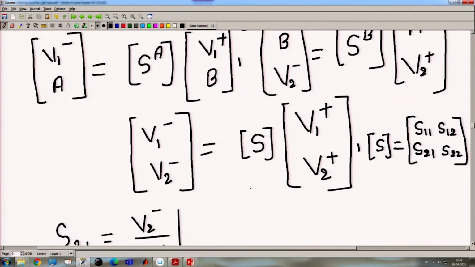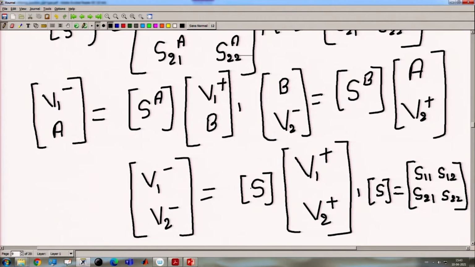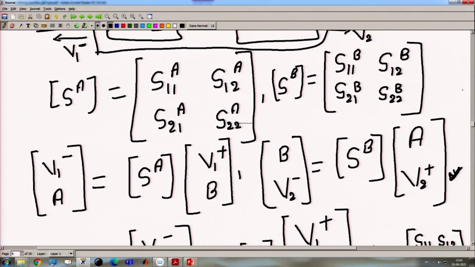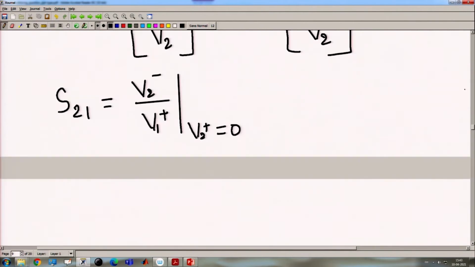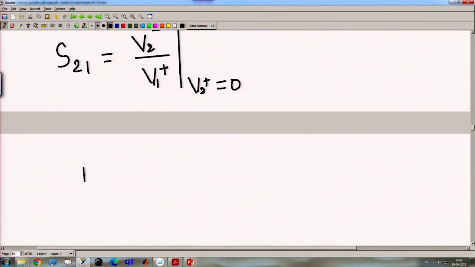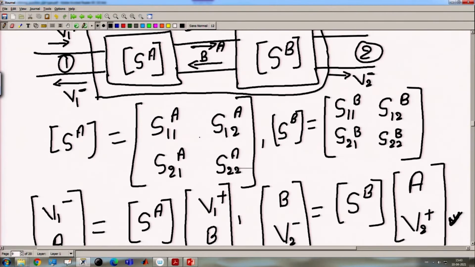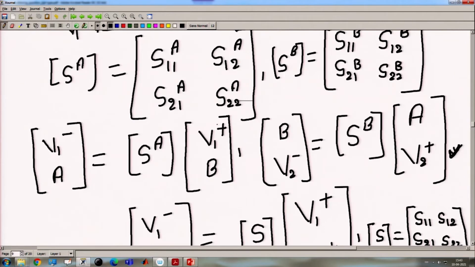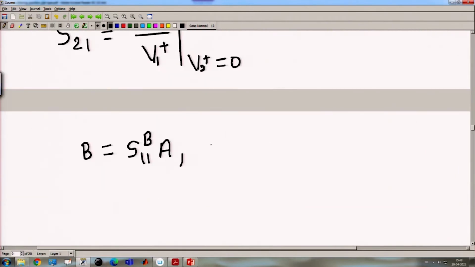So if V2 plus is equal to 0, then B equals S11B into A. We can write for V2 plus equal to 0, B equal to S11B into A, and also V2 minus equal to S21B into A, from the second part.